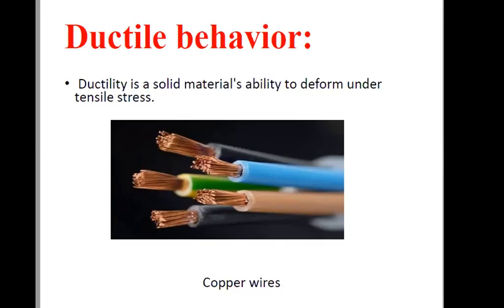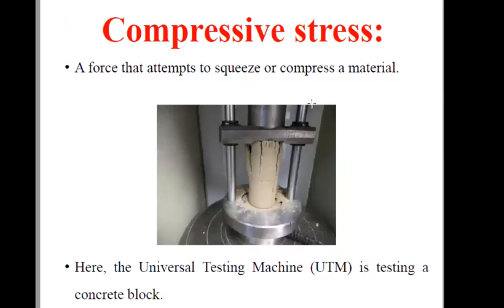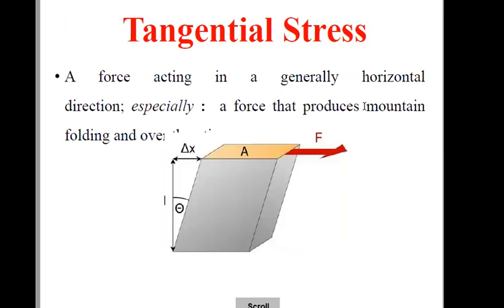Because if you apply force, it can stretch a lot. The change in length will be more, so it will have better ductile nature. Very good. Compressive stress we have already discussed.